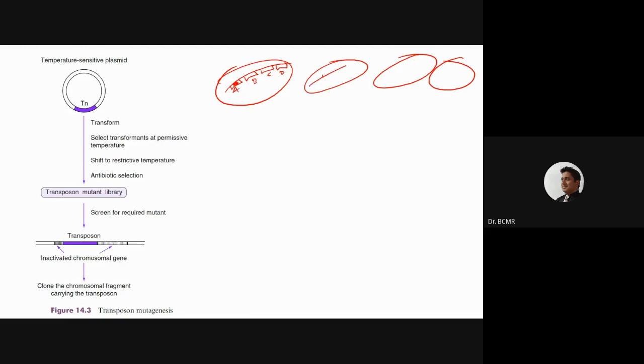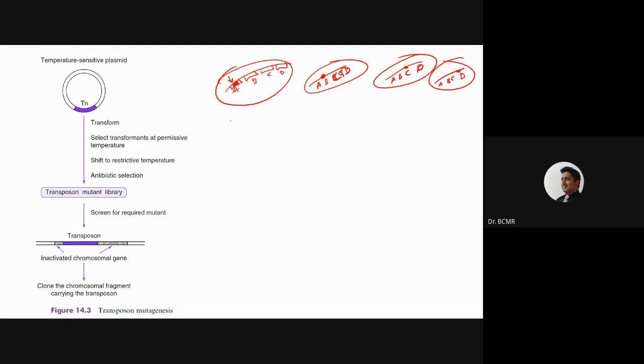In another one, it is hit on B. In another one, it is hit on C. In another one, on D. I hope you are able to follow what I'm trying to say now. So we have a mutant library. The genome has 4 genes, and in each different cell, you have one transposon, indicated with the red dot like this.